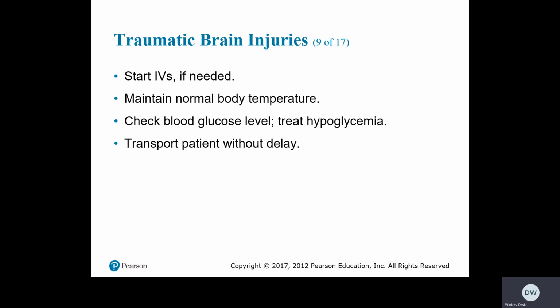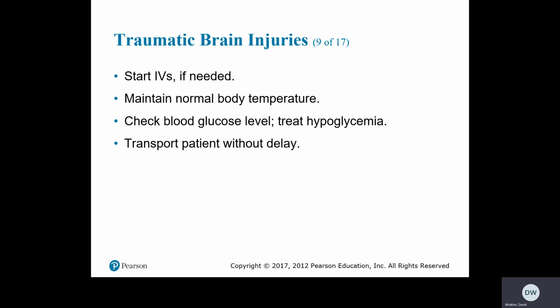We want to maintain normal body temperature. With these patients, a lot of the time, our trauma patients, they have to be disrobed. We need to make sure that we cover them. They need to be covered really from head to toe because you can lose heat everywhere, especially with a brain injured patient.